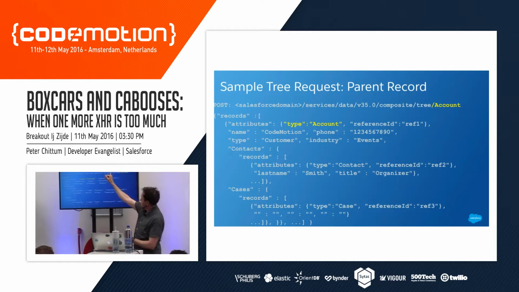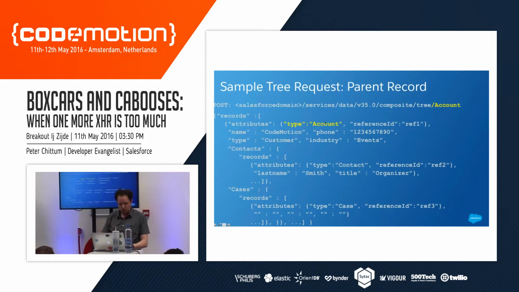The important thing is that this composite tree endpoint here, and whatever that thing is on the end has to match that thing right there on each of the parent records. But if you do that, everything else is fine. You can go quite a ways deep down into the hierarchy without trouble at all. So we create our account.